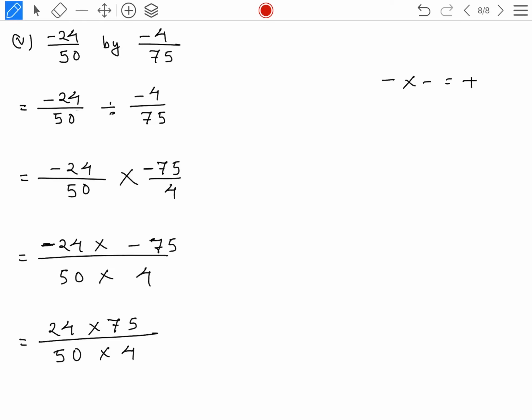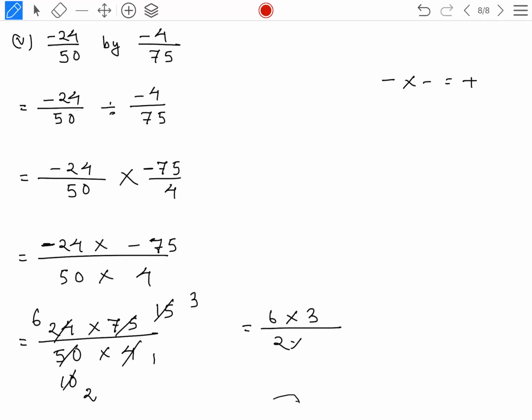You can remove the negative sign, because negative into negative always becomes positive. Now 4 1s are 4, 4 6s are 24. Then 50 and 75 both are divisible by 5, because 5 10s are 50, and 5 15s are 75. Again 5 2s are 10, 5 3s are 15.